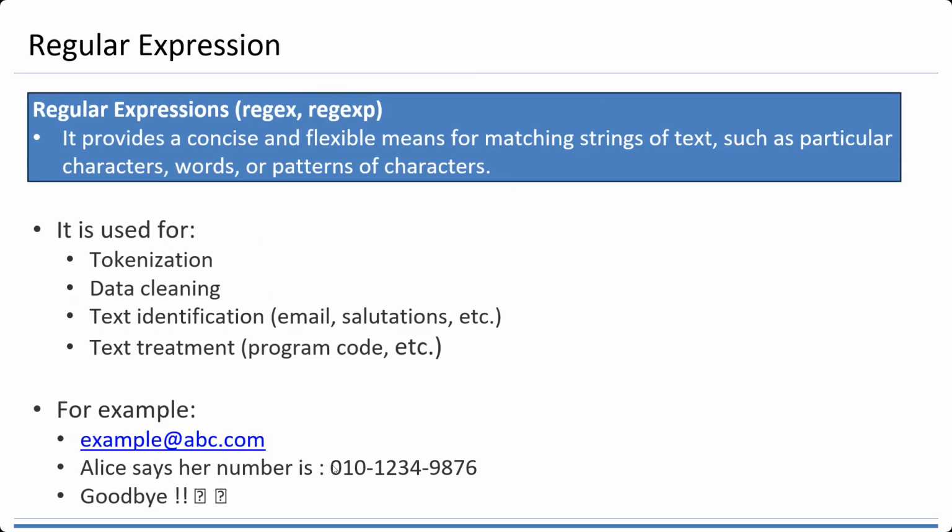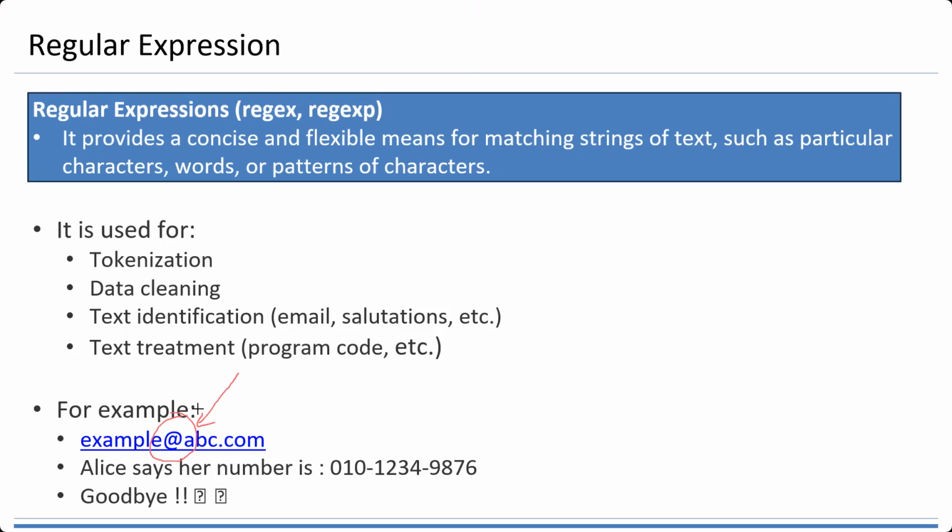So for example, if we have this kind of email, example@abc.com, we know this is an email, but when we do the analysis, this symbol at is not important for the analysis.